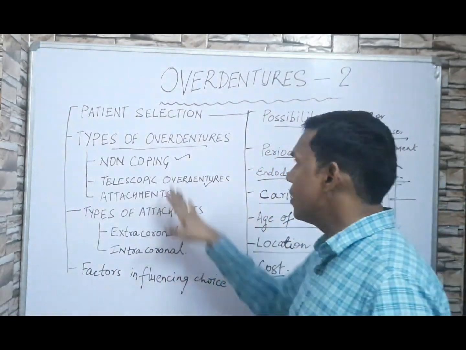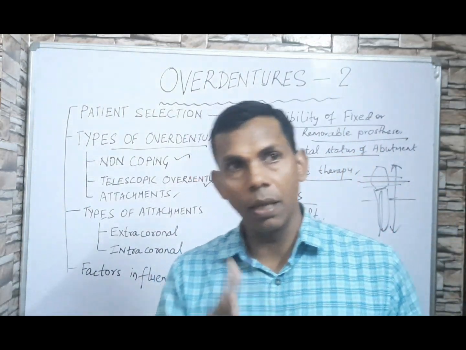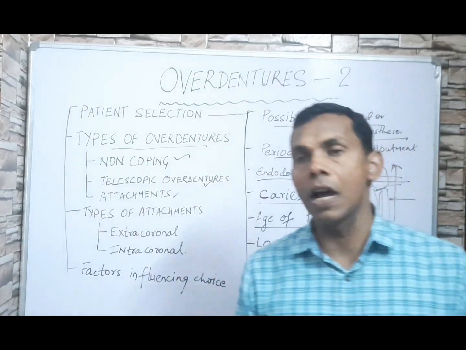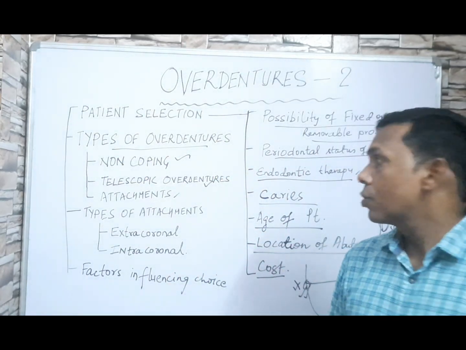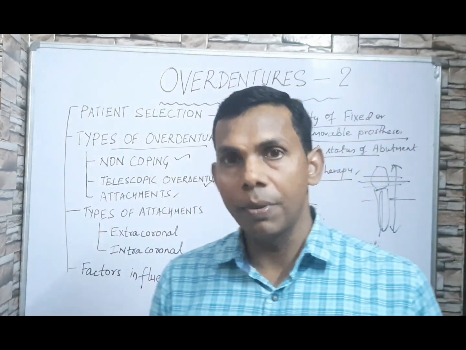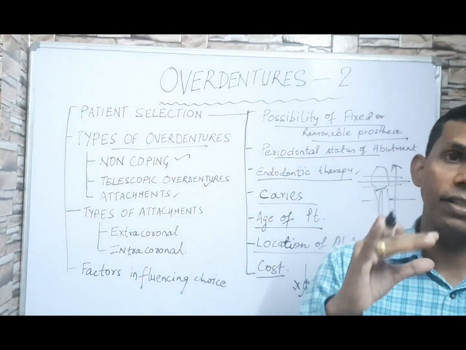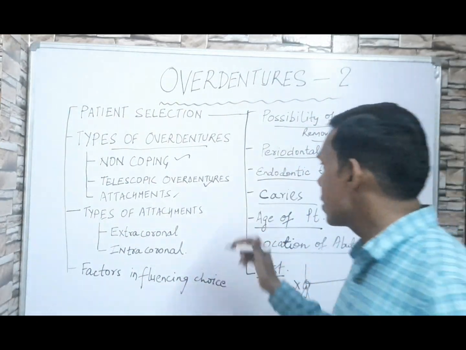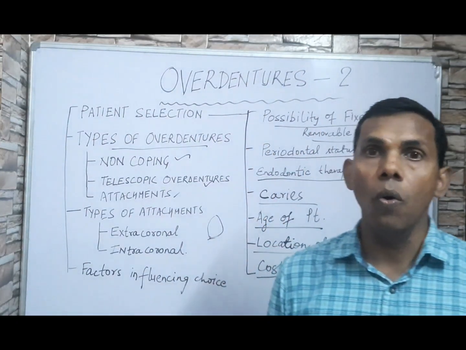Non-coping means when you have low caries, the patient is having remaining teeth which are sound, healthy, and you want to give an overdenture. After periodontal treatment, and the patient is also having adequate interarch space, in those cases you just directly prepare the teeth, and over that you can give an overdenture.